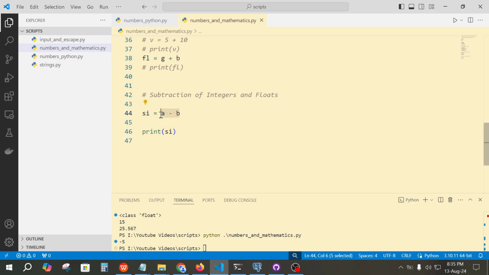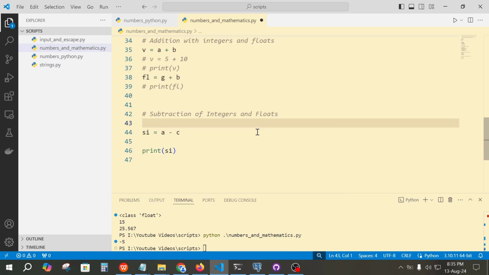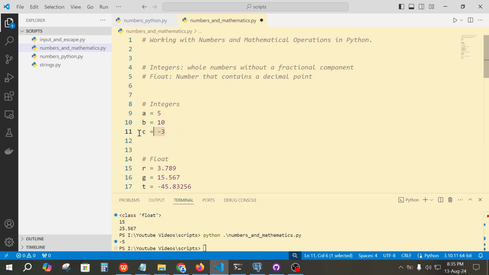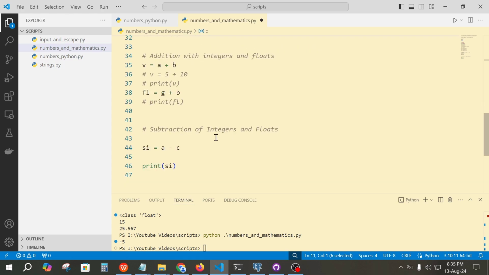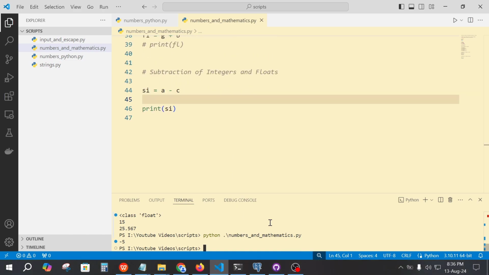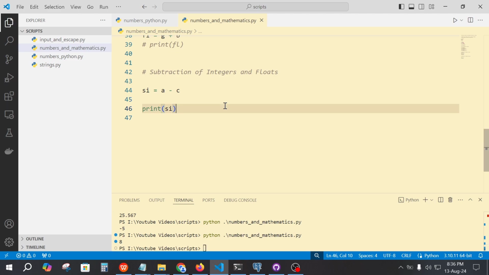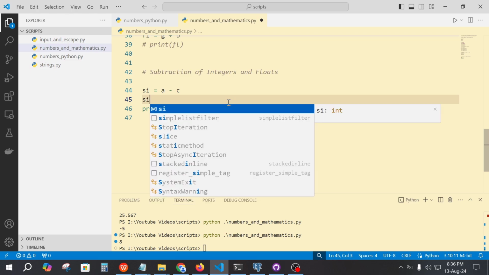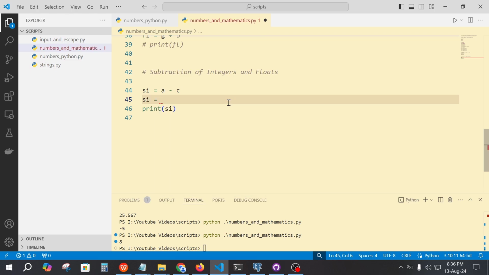And if I do a minus c, remember c is minus 3 here. So 5 minus minus 3. Do you know what the output of it is? No, you don't know. I think it is 8. Why? Let me visualize it.